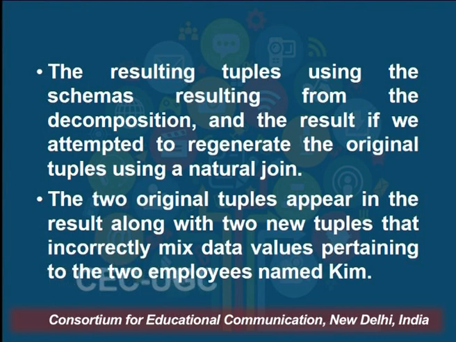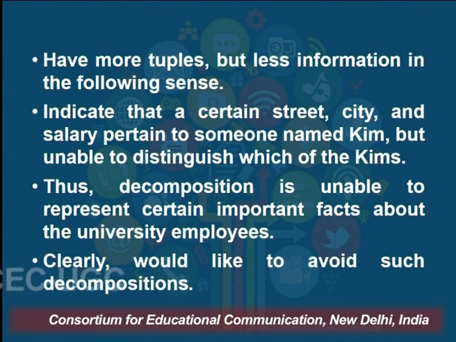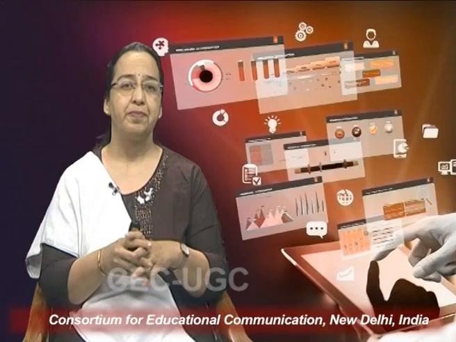So we have more tuples but less information, because the repeated information is actually wrong, since a certain city, street and salary pertaining to someone named Kim is not applicable to the other one, and we are unable to distinguish which Kim we are talking about.